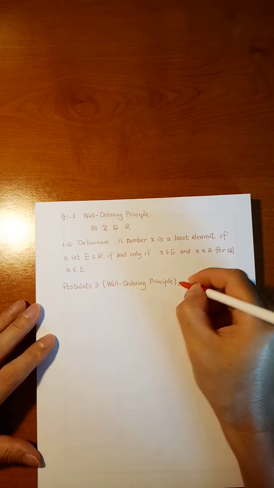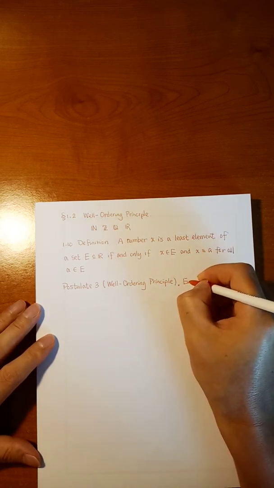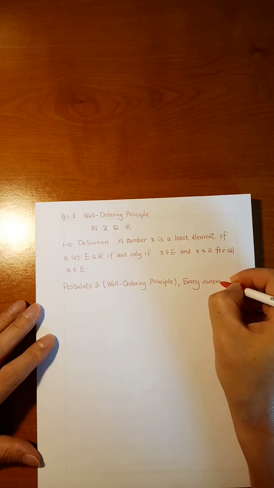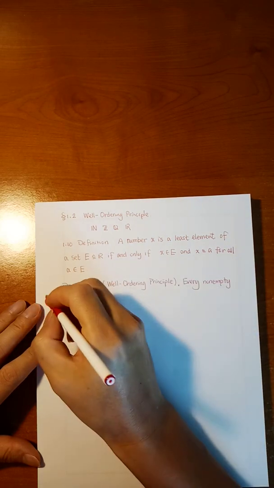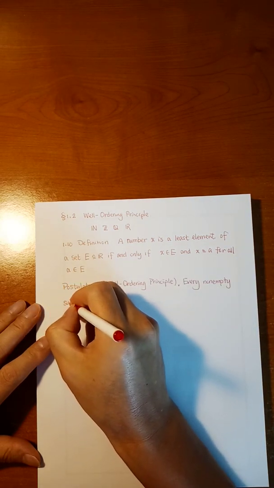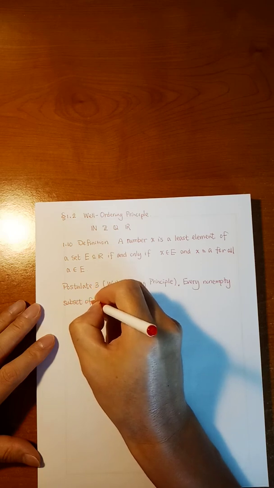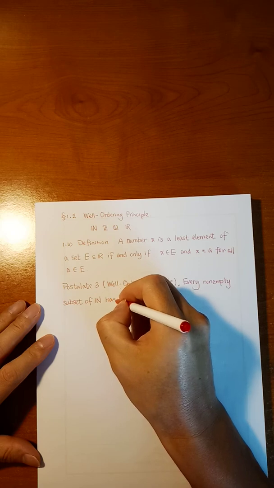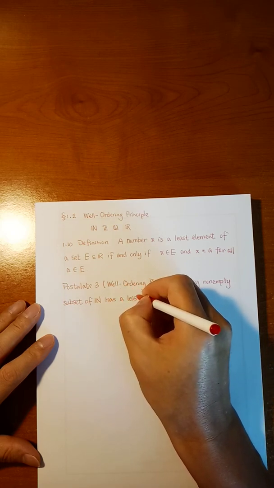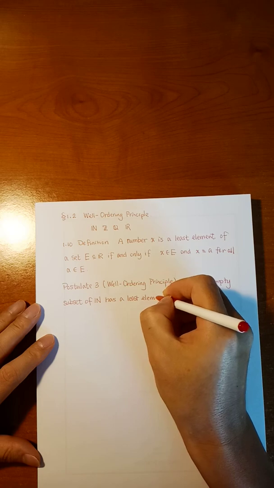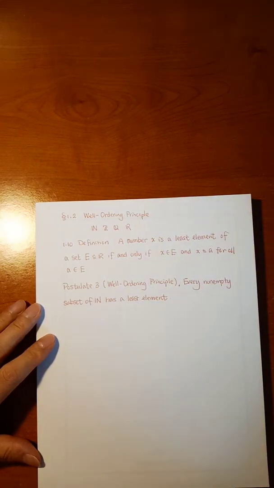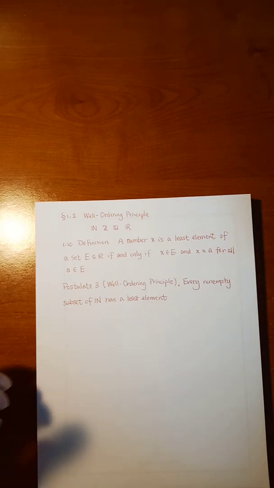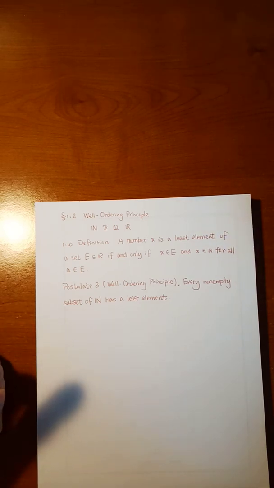The well-ordering principle states every non-empty subset of N, the set of natural numbers, has a least element. So this is a postulate, an axiom. You don't prove it. It's an essential property.